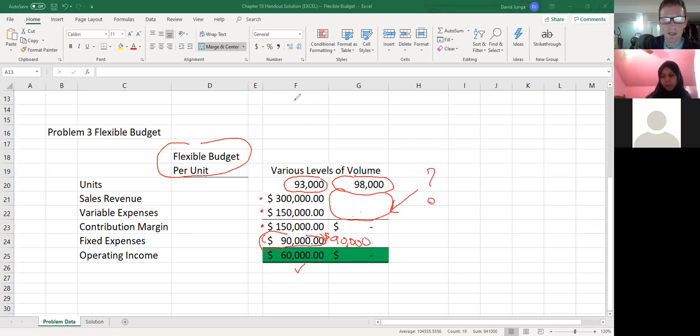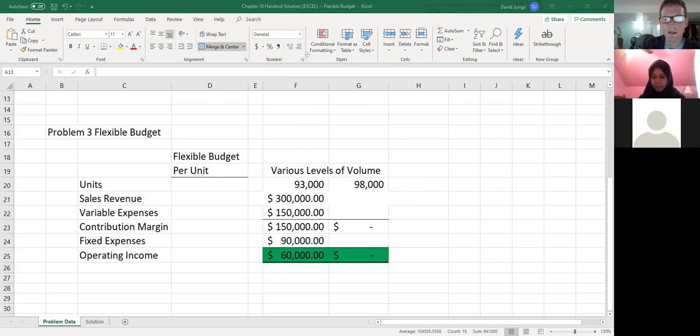So let me change my stylus here. So yeah, so at 93,000 units, let me clear that and make it a little bit easier. At 93,000 units, can't we figure out our per unit for sales revenue and our per unit for variable cost? And the answer should be, of course, yes.